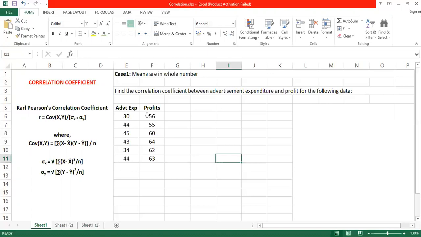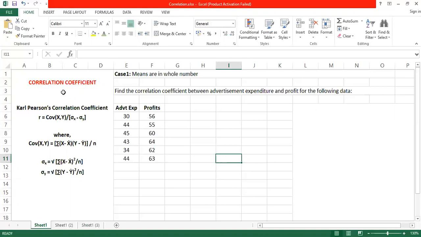If they are related, what type of relationship do they have and what is the degree of relationship, right? So we are commenting on three things: is there any relationship between these two variables, and if there is, what is the nature and the degree of relationship?